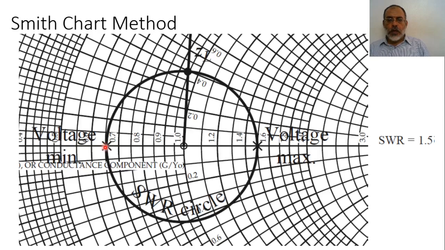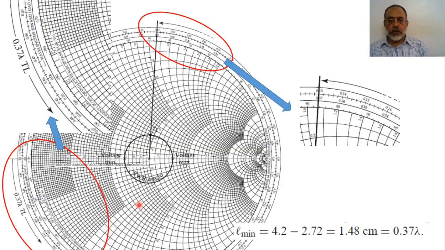Now, after allocating such a circle, we say that from the measurement, we obtain that L minimum is 0.37 lambda. So we move from the load a distance 0.37 lambda to obtain the first minimum.